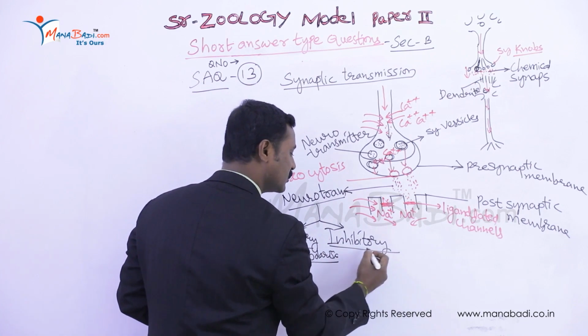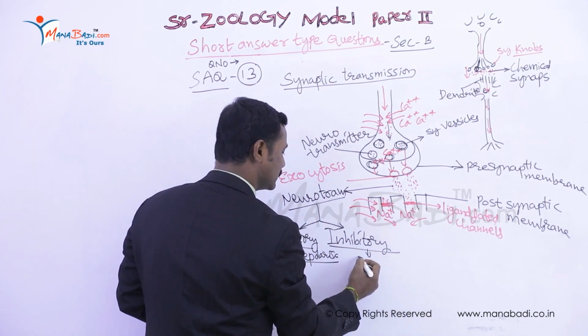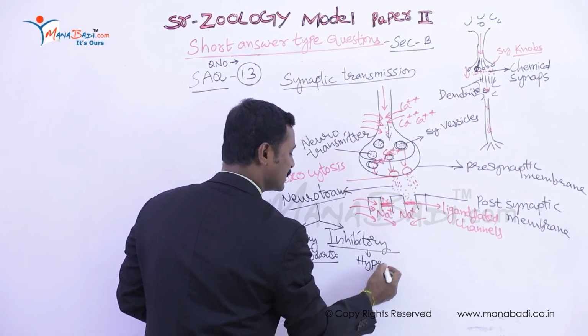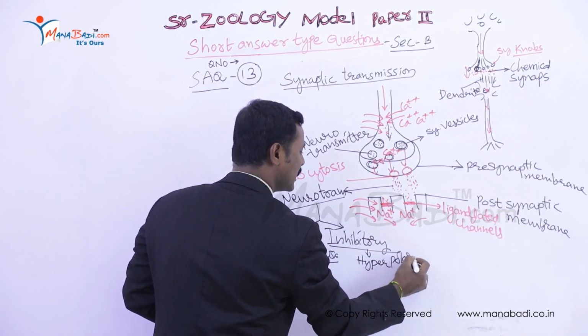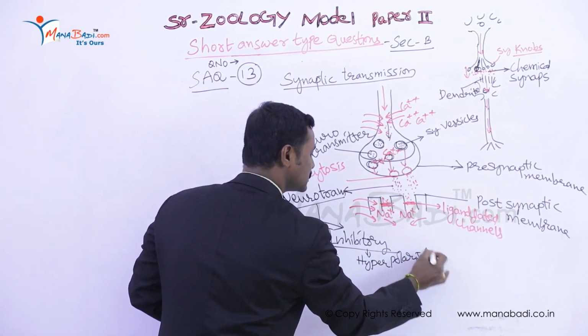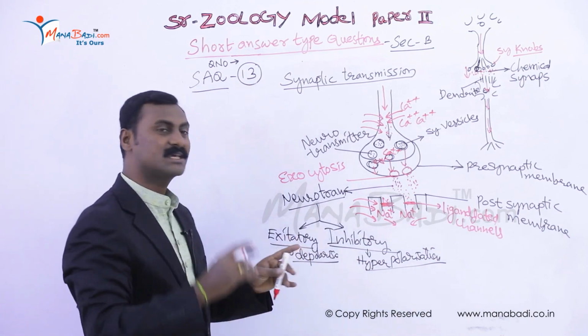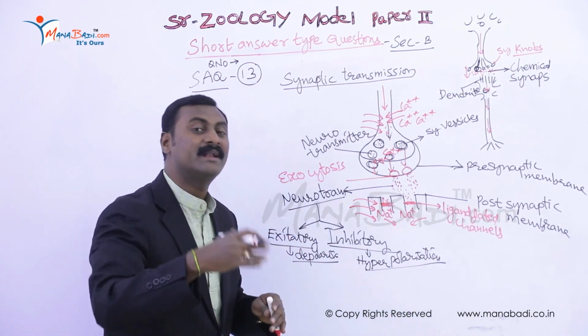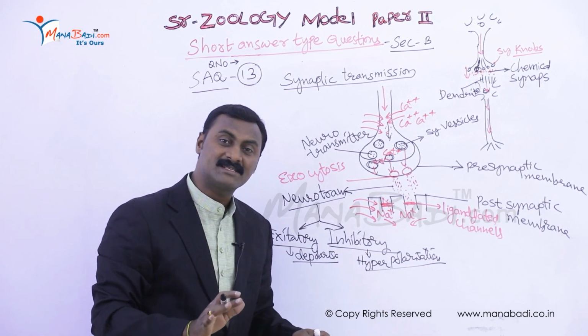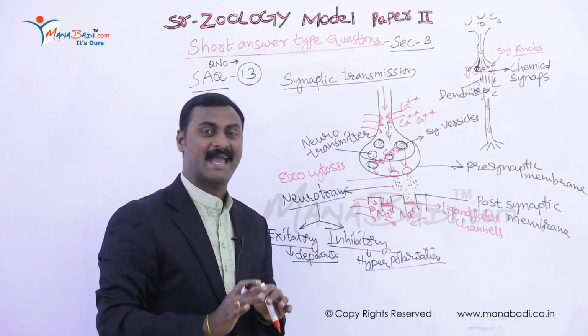What do inhibitory ones do? They cause hyperpolarization. Because of depolarization, the message will be sent to the next neuron. Hyperpolarization will stop the action.